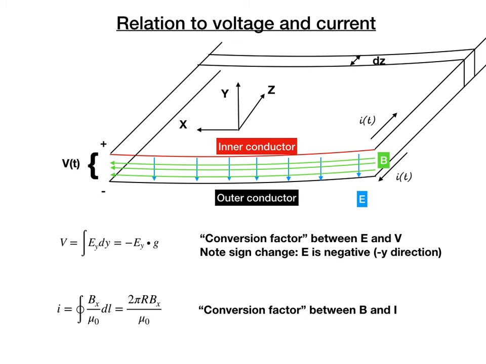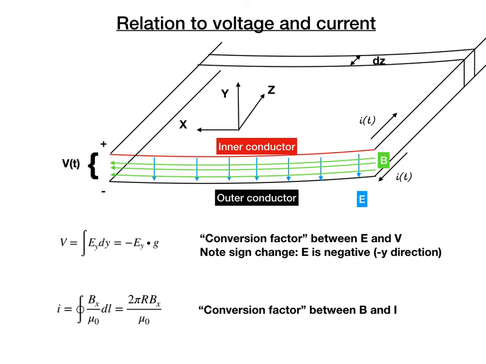For the magnetic field, we're using Ampere's law, and we have this integral around the big circle. This integral is 2 pi r times the x component of the field, and using Ampere's law, we know that this is the actual current that's running in the inner conductor.